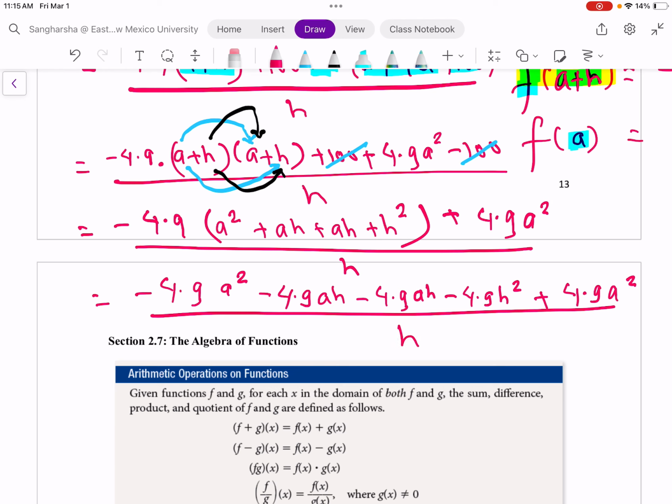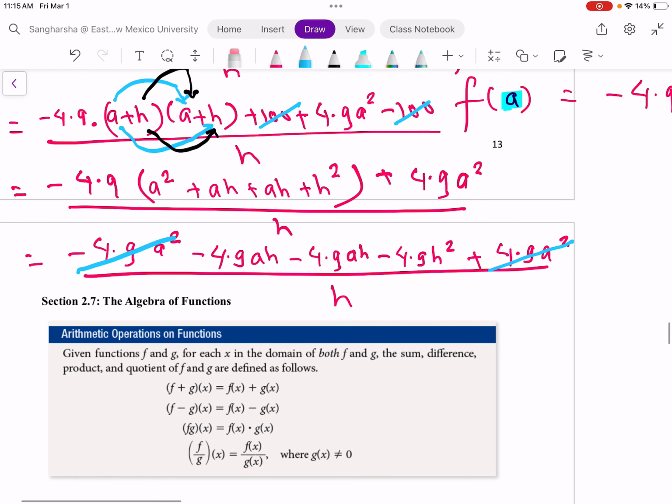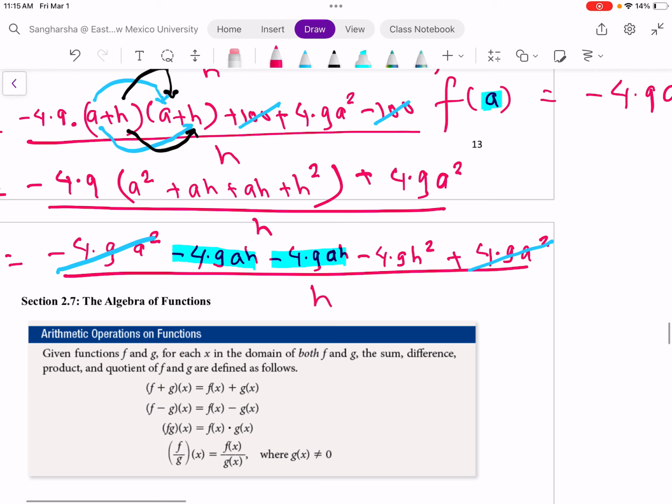Now here negative 4.9 a squared and positive 4.9 a squared cancel, so we do have like terms here. Negative 4.9 ah and negative 4.9 ah are like terms, so let's add these two terms, and this equals negative 9.8 ah minus 4.9 h squared, divided by h. Any question up to here?